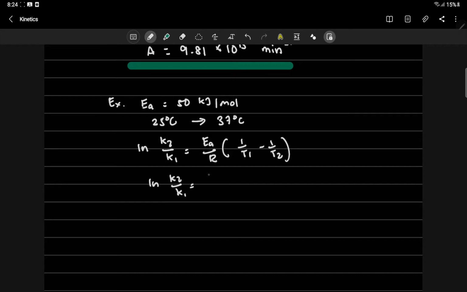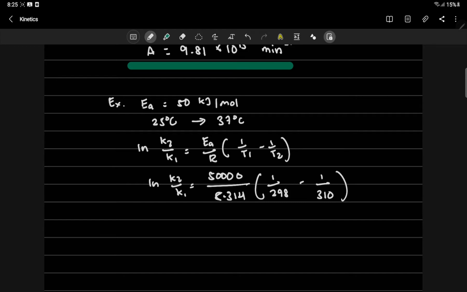Our Ea is 50,000 joules per mole. Our R is 8.314. 1 over T1. So our first temperature is 25 degrees Celsius and that should be converted to Kelvin, which is 298 Kelvin. Then minus 1 over T2, which is 37 degrees Celsius, converting it to Kelvin, 310 siya.